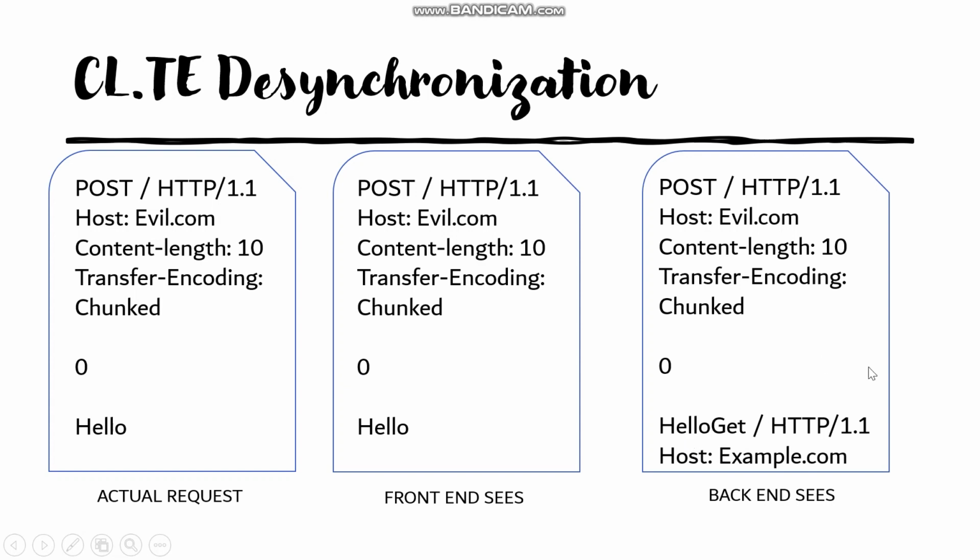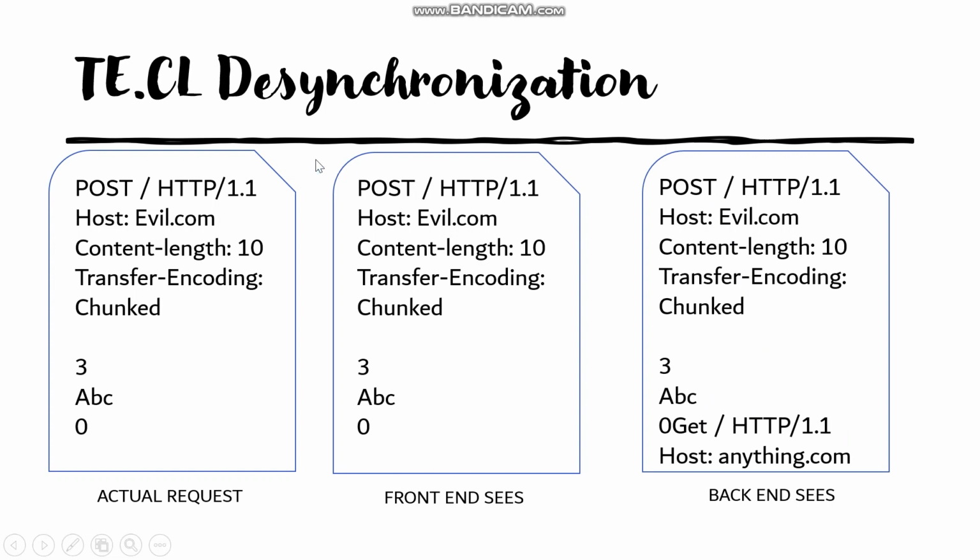So you can see in the backend server, hello is appended to the next get request. Hello get is not a proper message type. There are only two types, get or post. So hello get is improper, and thus the next user will get an error web page.